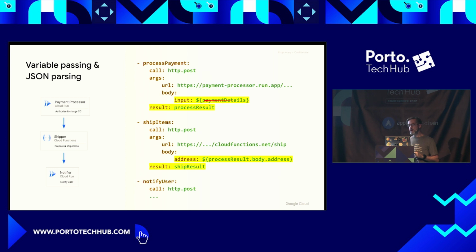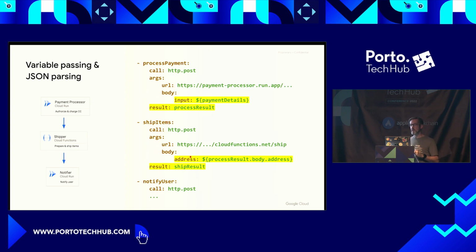Then you can see here that I can pass some input to a particular step and also return some output. Something I forgot to mention was that steps are sequential, in the order they are defined in the workflow.